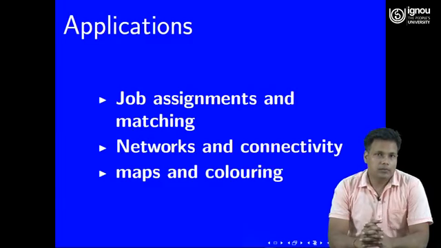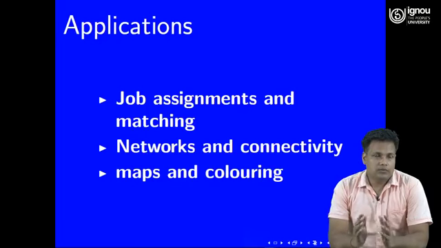This problem can also be stated in terms of the marriage problem. Suppose there are n boys and m girls, and you have to find a match for each girl.